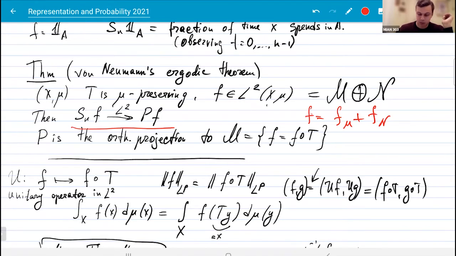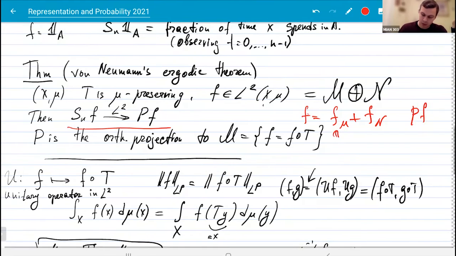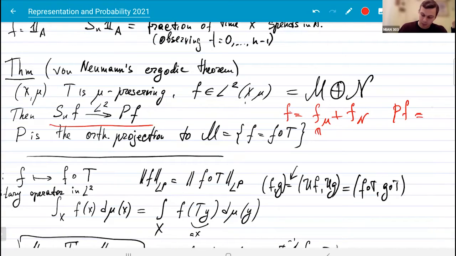So now, as Sn is a linear operator, we can consider fM and fN separately. For fM, fM belongs to M. And by the way, Pf is just fM. So we want to prove that Sn of f converges to fM.